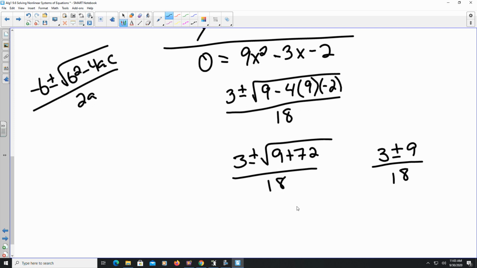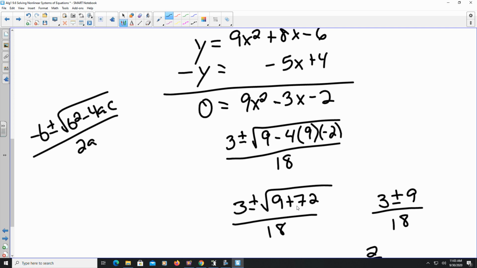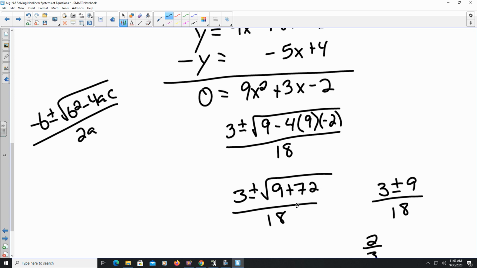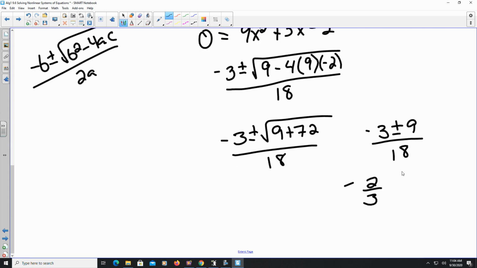2/3. Oh, so this would be plus, and then this would be minus, I'm sorry, this would be negative 2/3. So negative 2/3. And then negative 3, hold on, I screwed that up.